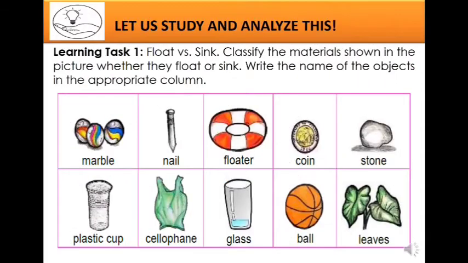So, let us study and analyze this. We have here learning task number 1, float versus sink. So, we have to classify the materials shown in the picture, whether they float or sink. Write the name of the object in the appropriate column. So, alin po dyan ang nag-float at nagsisink? The first, marble, nails, floater, coin, stone, leaves, ball, glass, cellophane, and plastic cups.